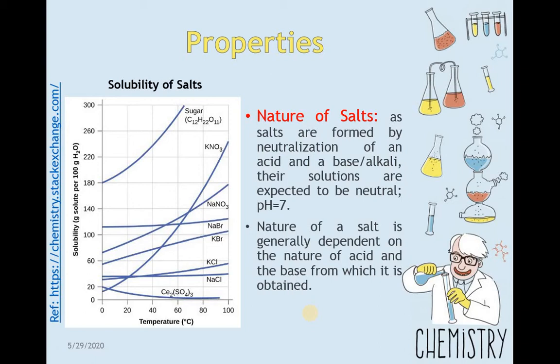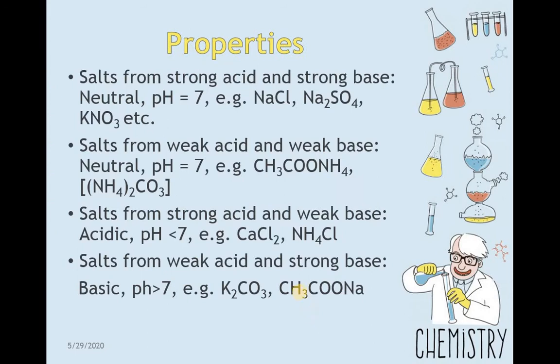But the nature of the salts is generally dependent on the nature of the acid and the base from which it is obtained. Here there are salts from different types of acids and bases: strong acid, strong base; weak acid, weak base; strong acid, weak base; weak acid, strong base. From the ions or portions like sodium, sulfate, you can identify the acid and the base.